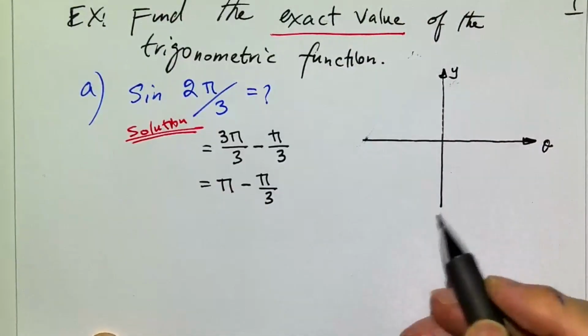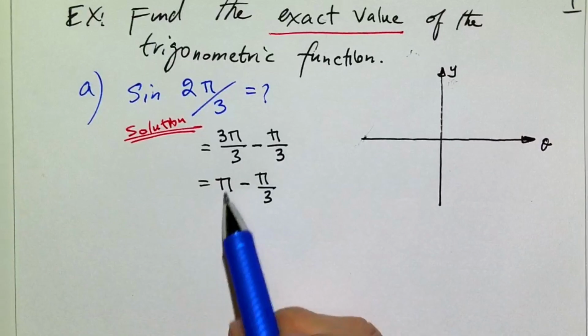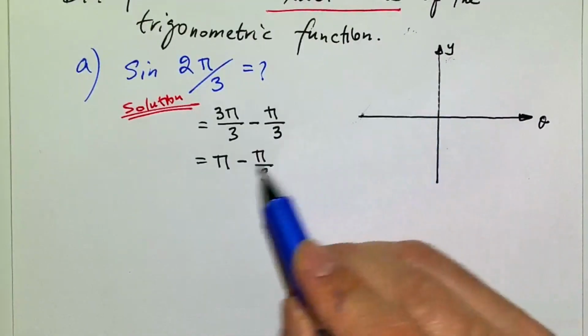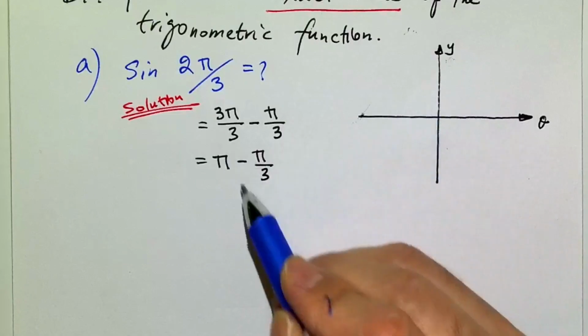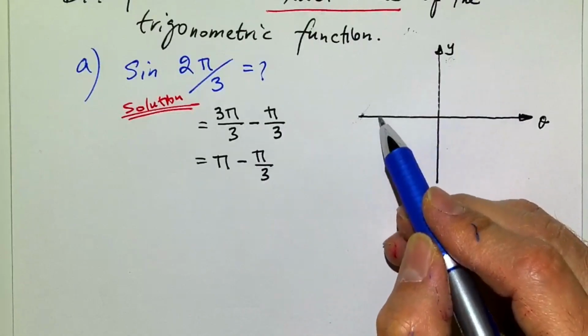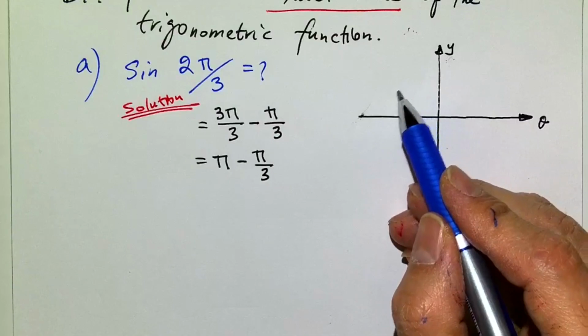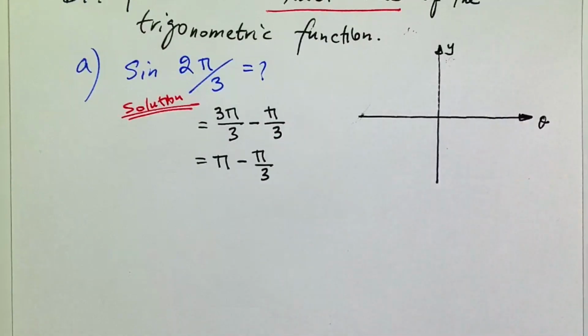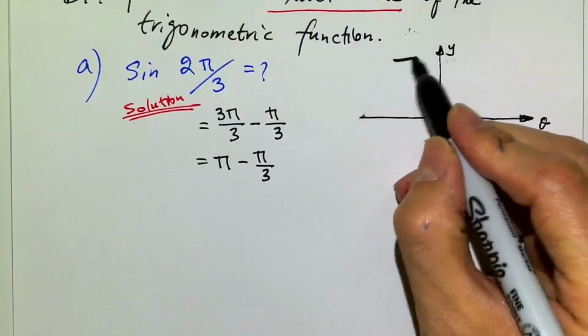This is theta. So this is saying go pi in the counterclockwise direction because it's positive, and then minus pi over 3, so we go back in the clockwise direction, pi over 3. So we are in the second quadrant, right? We are in here.